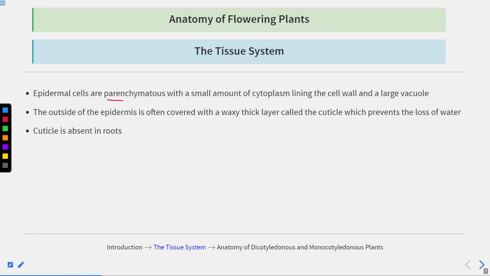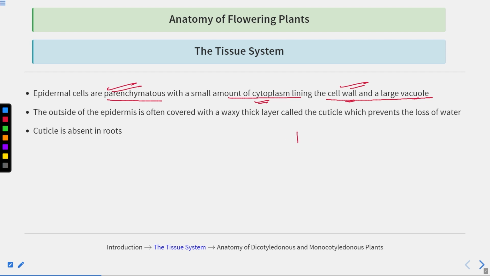They are made up of parenchymatous cells with a small amount of cytoplasm lining the cell wall and a large vacuole.